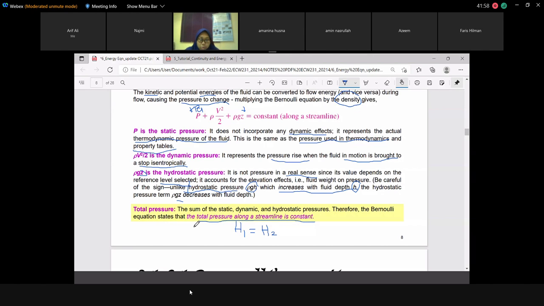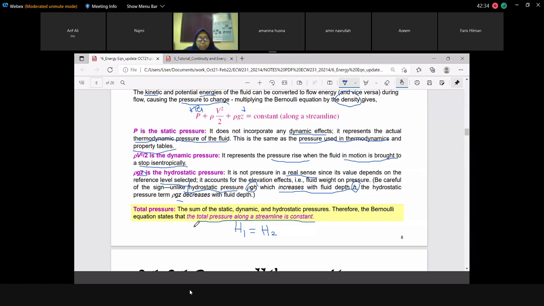Q in equals to Q out. So now head energy, head pressure in equals to head pressure out. So this one will follow Bernoulli equation, equals to H out. Apa maksud dia? That the energy cannot be created nor destroyed.